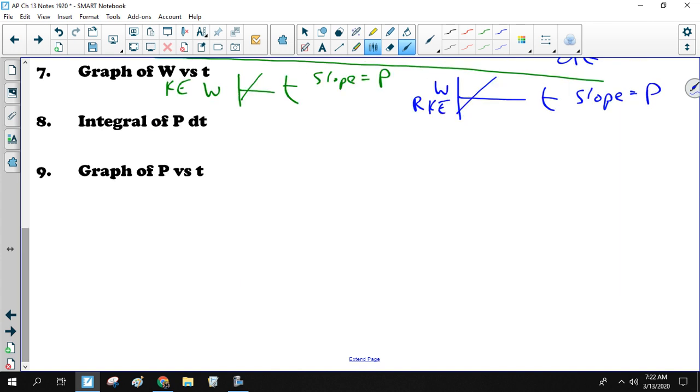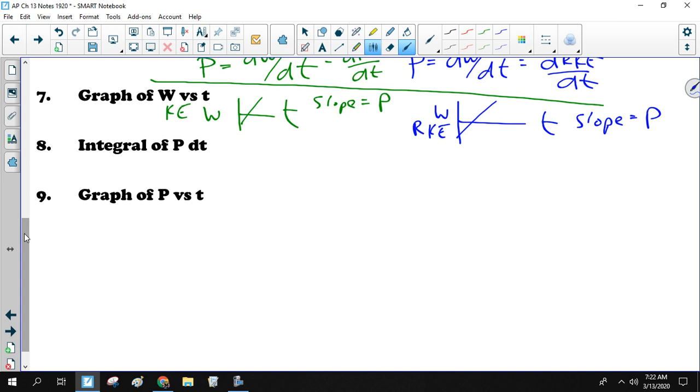And then finally, let's see, we can work backwards. The derivative of work with respect to time is power. So the integral of power with respect to time is work. So work is the integral of power with respect to time, right?